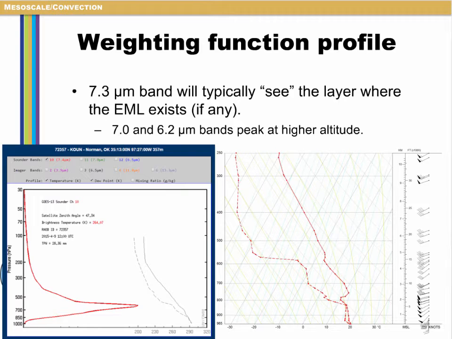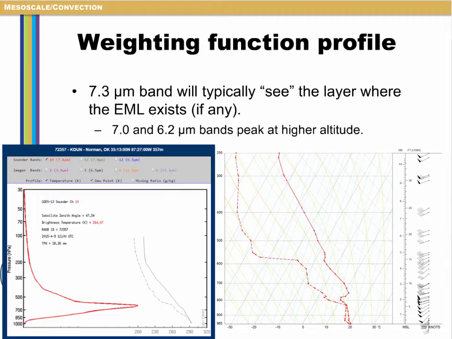On the lower left, we see the weighting function profile for the GOES Sounder 7.4 micron band. Note that the peak of the weighting function values exist within the EML, which means this band can be used to track it. The GOES-R ABI band is at 7.3 microns, very close to the GOES Sounder 7.4 micron band shown here, and in the case study we'll be looking at.